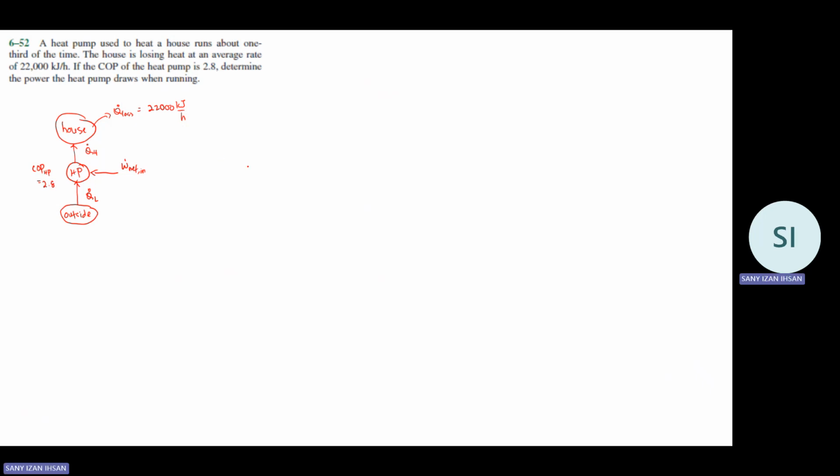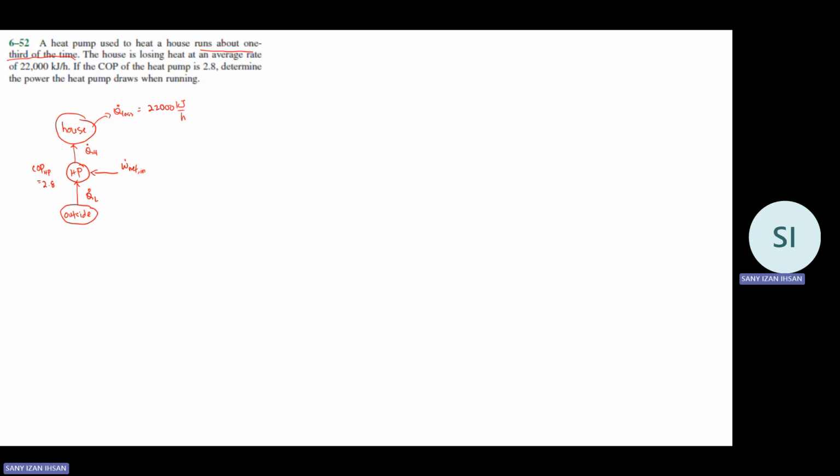Okay, so let's solve this problem. Remember the keyword, the pump only runs 1/3 of the time. So let's say if you are talking about 1 hour, only 1/3 of 1 hour is when the pump is running. So the other 2/3 of the time, it is turned off. So that 1/3 of the time should be able to cater for this 22,000 kilojoule per hour loss. Okay. So if we consider that, then what we are saying is that we need to supply the amount of energy that would cater for the amount of loss that we have there.